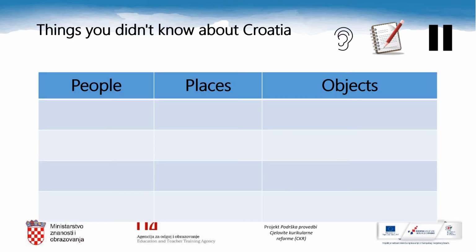Before watching the video about 15 things you didn't know about Croatia, I'd like you to pause this video lesson and draw this chart or table into your notebooks. Please make sure to have 3 columns with the following categories: people, places, and objects.